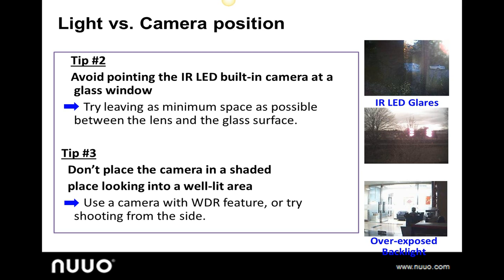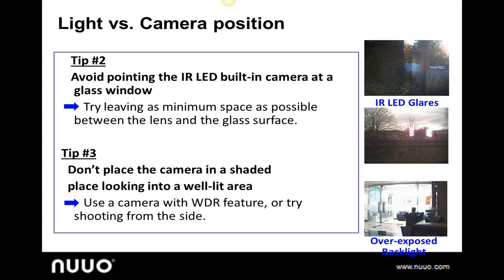So in the picture, you can see that if you put the camera too close to the glass window, it will have IR glare, like the picture on the top right corner. And on the bottom right corner, you will see the picture which is clearly overexposed.